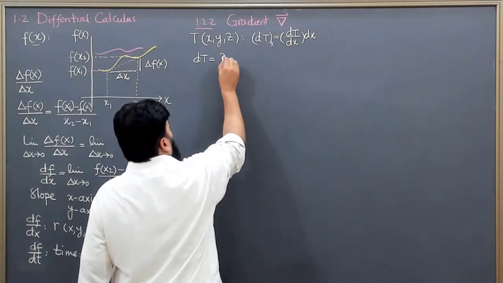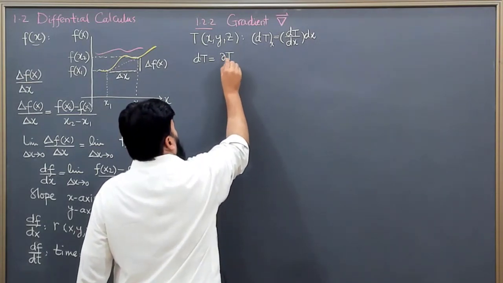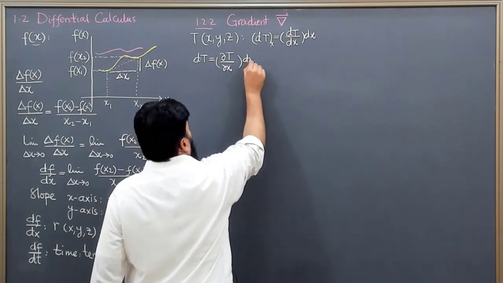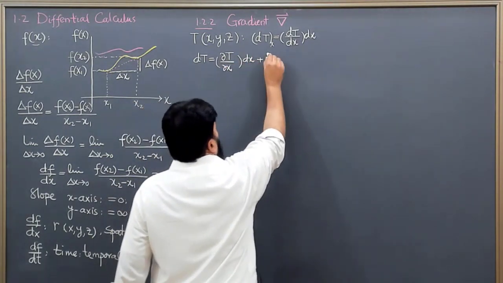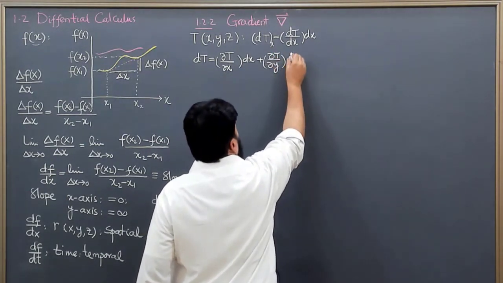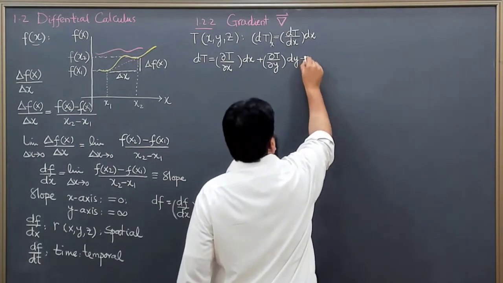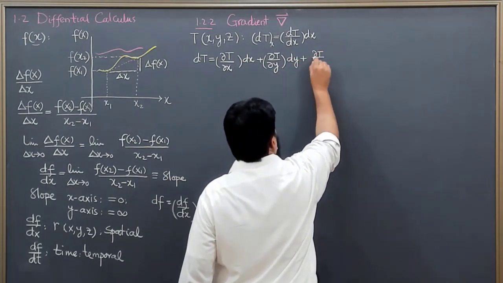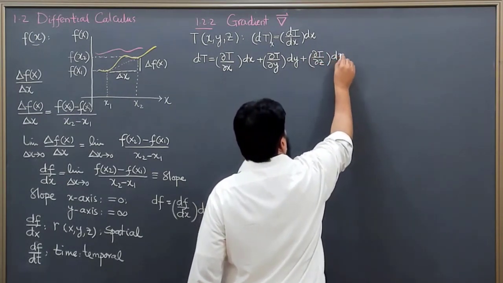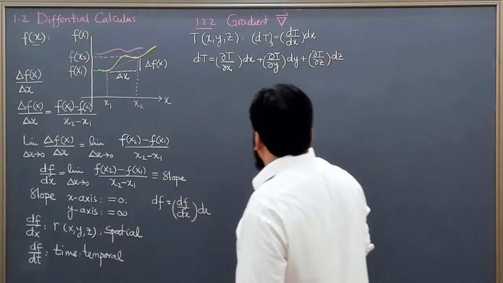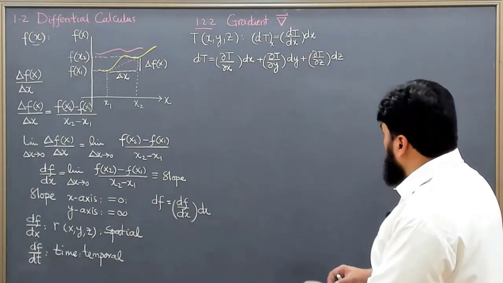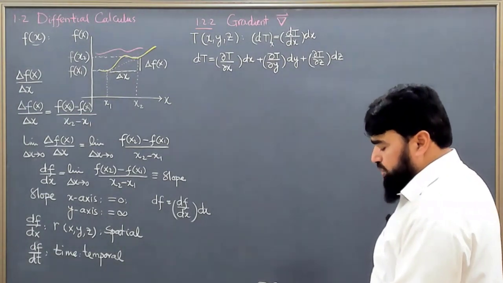It is called curly partial t by partial x in dx, plus partial t by partial y in dy, and the z change will be partial t over partial z in dz along the z axis. So the change in this function will be the partial change along the three axes.